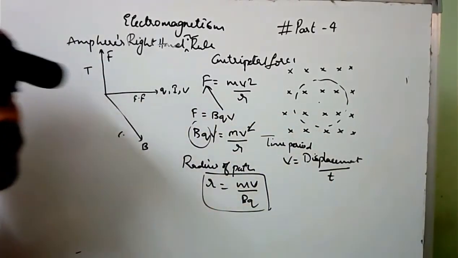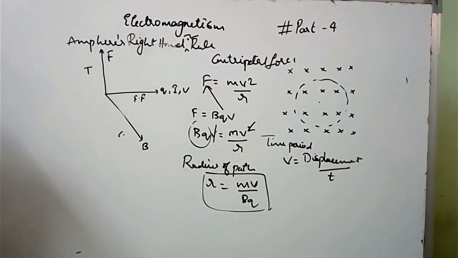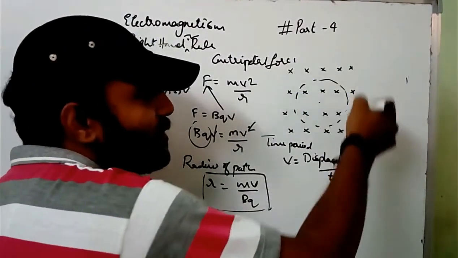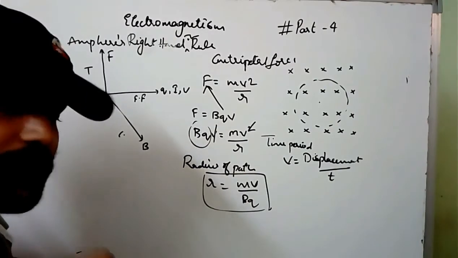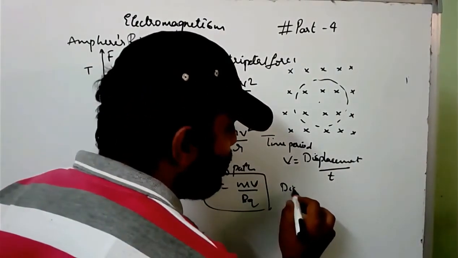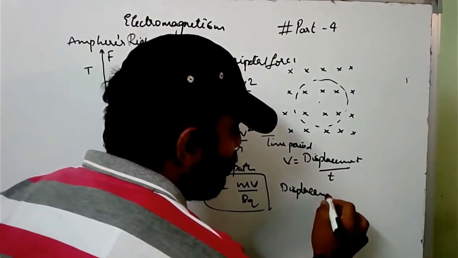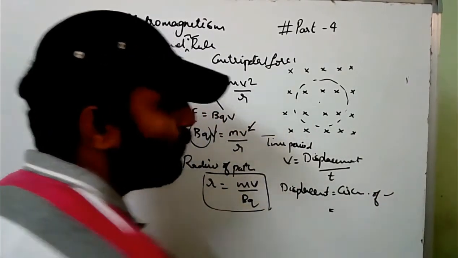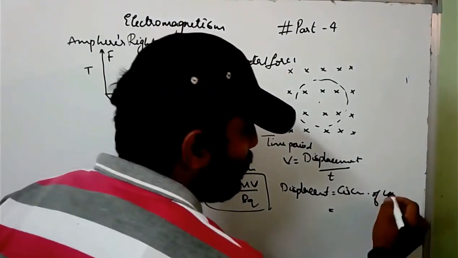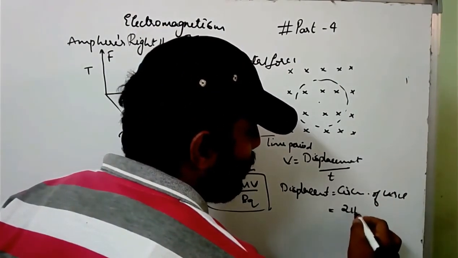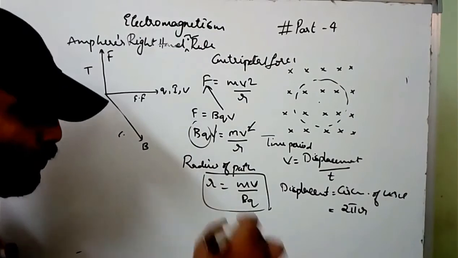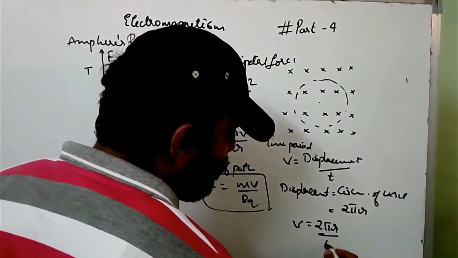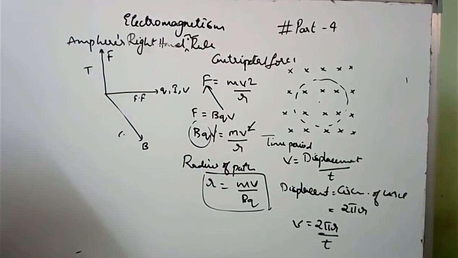Here the object is moving in a circular path, so the displacement will be the circumference of the circle. Circumference of the circle formula is 2 pi r. Now substitute that, v is equal to 2 pi r by t.